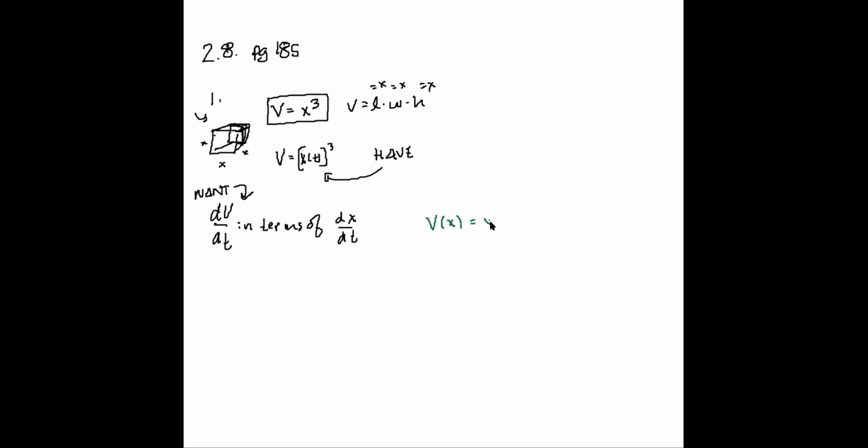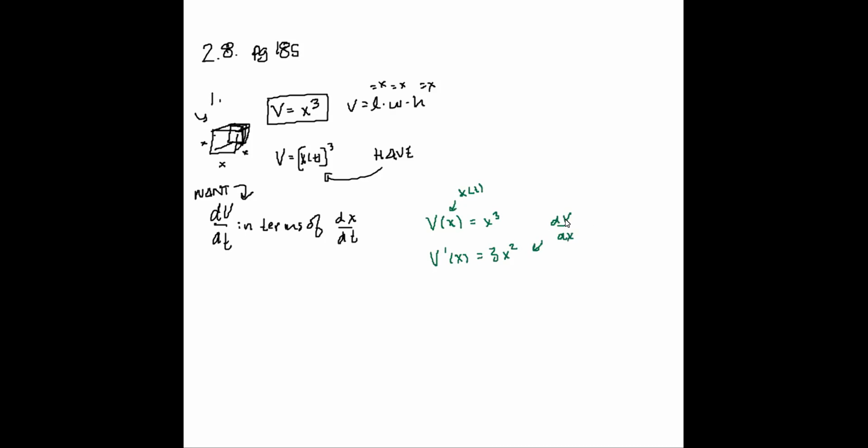And it is x cubed. It would be really easy to find V prime of x, which would be 3x squared. However, what we need to recognize is that x is actually x of t. So all of this is dependent on time. And this would be dV/dx.